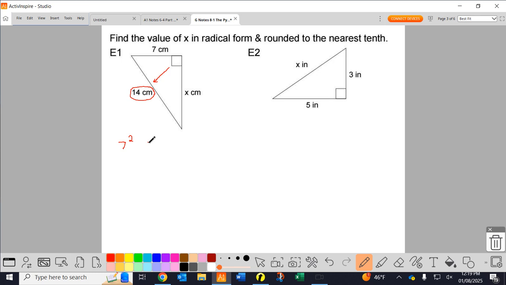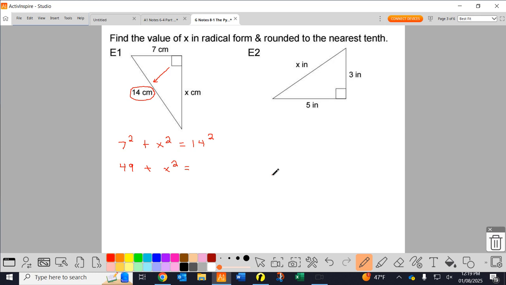So grab your calculators. What's 7 squared? 49 plus x squared equals, okay, type in the 14 squared. 196. There we go.